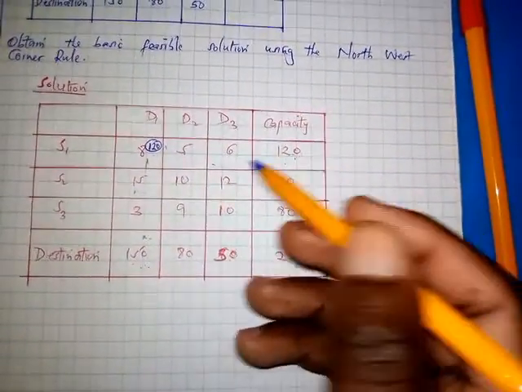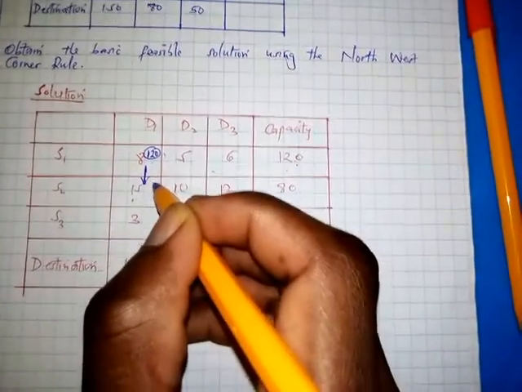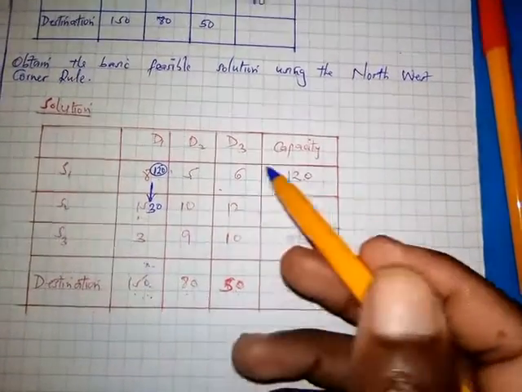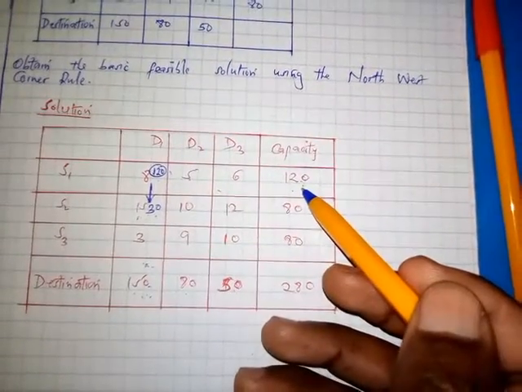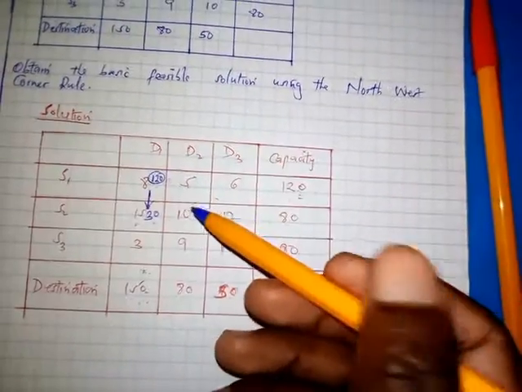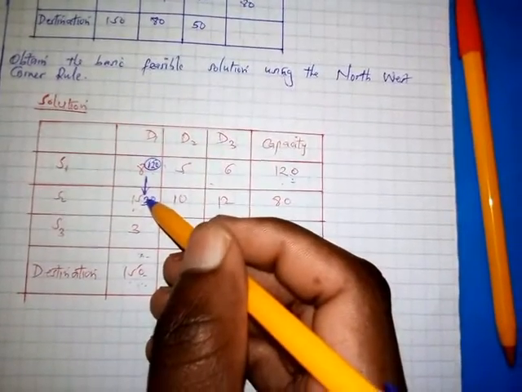Since this row is exhausted, we move downwards with our 30. Hope you have understood. 150 minus 120 is 30.